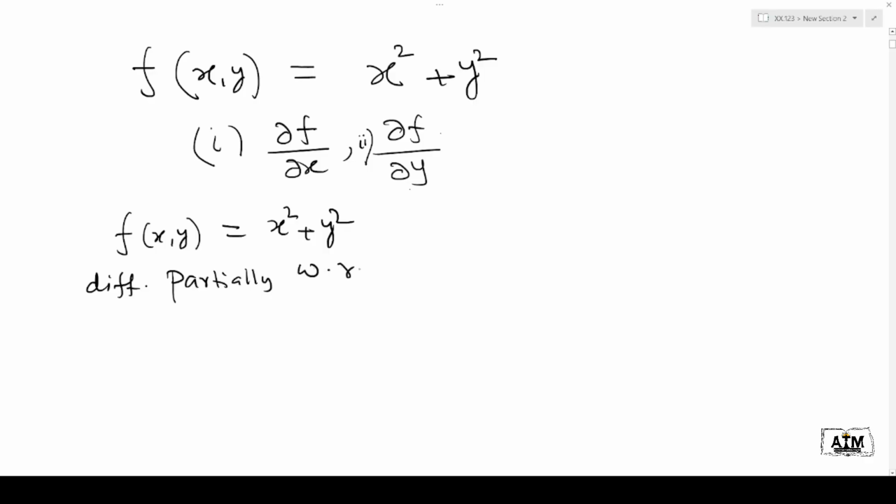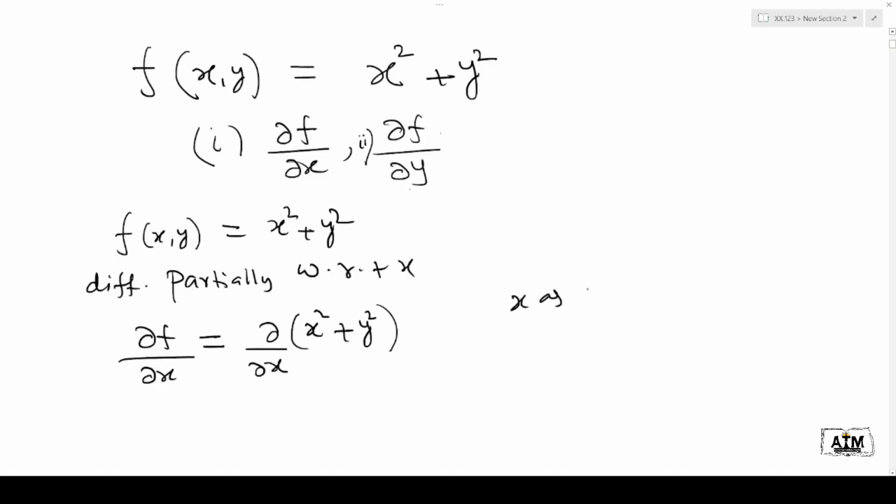with respect to x. So we get dou f by dou x equals the partial differentiation of x square plus y square with respect to x. While doing differentiation with respect to x partially, we treat x as a variable and other variables, such as in this example y, are treated as constant.